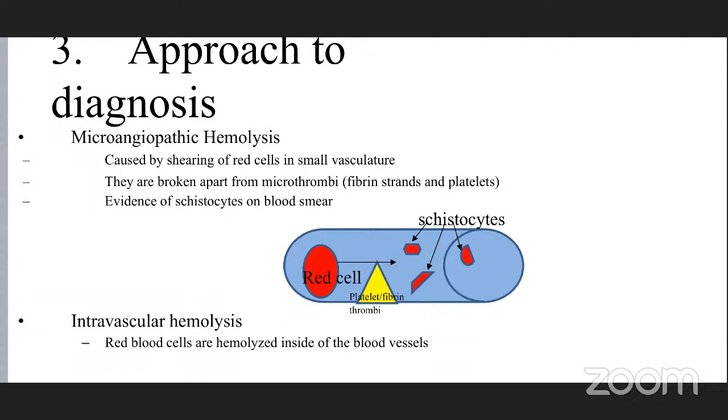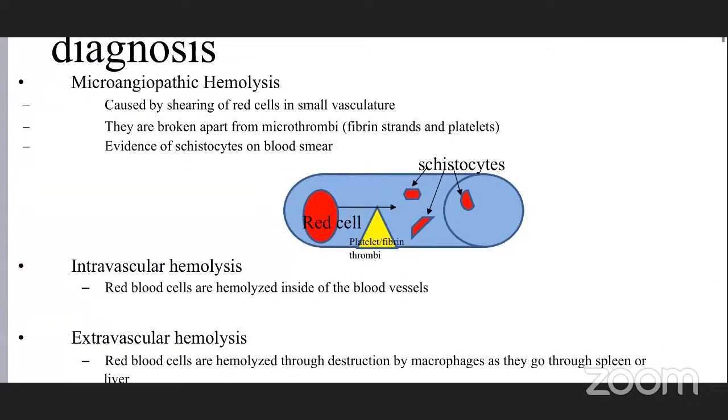Usually we will look at the blood smear and we'll see schistocytes, like torn RBCs, as we see in these blood vessels. You see these three pieces, the red cell and also the triangle, the fibrin, and this is the red cell when it is broken in the blood vessels, and under the microscope we see schistocytes.